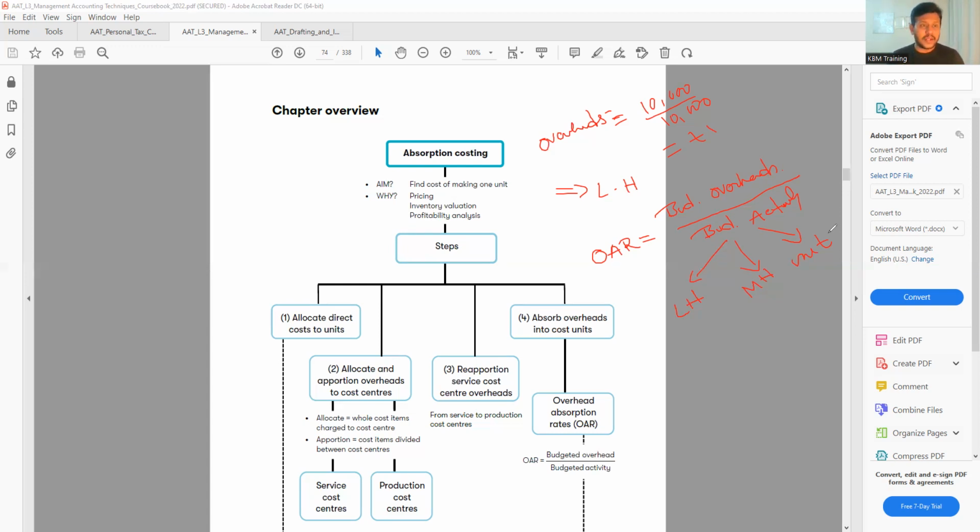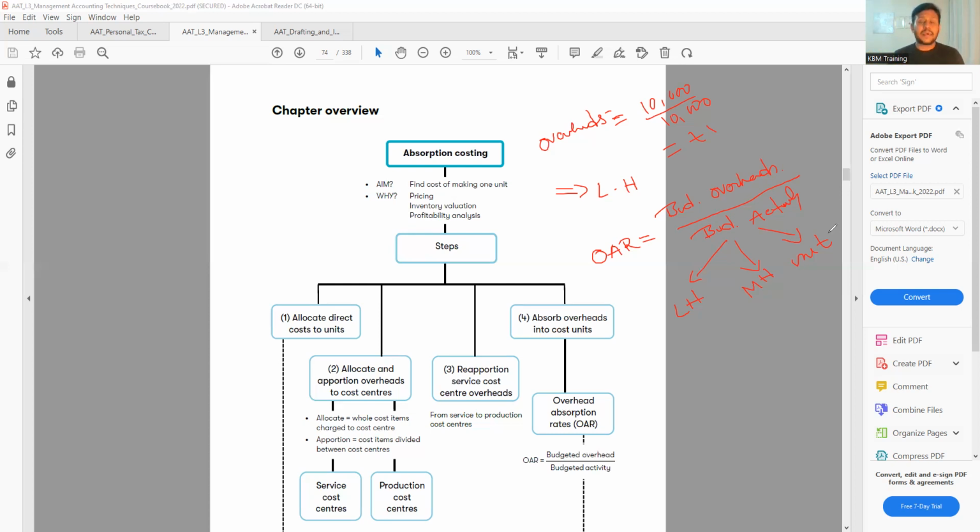That means when we have overhead, this is my estimated. Remember that all the management do the budget based on the estimated figure. Budget means something will happen in the future, the planning for the future.